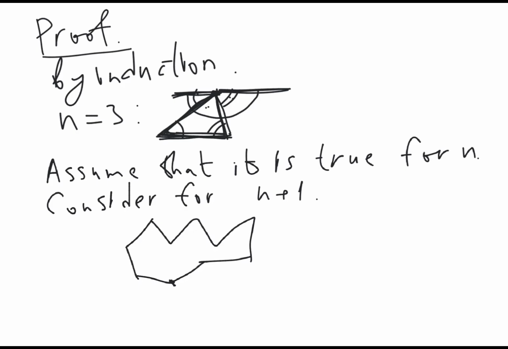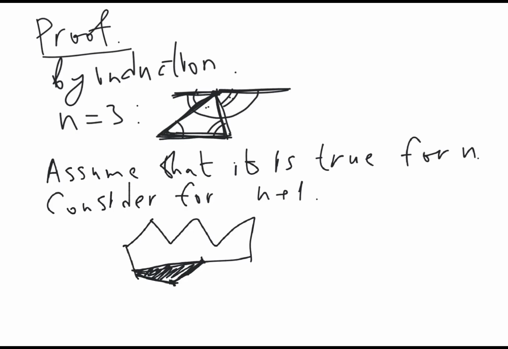So if it's less than 180 degrees, an angle like this, then we cut this triangle from the polygon, and the rest of the polygon has one less vertex.